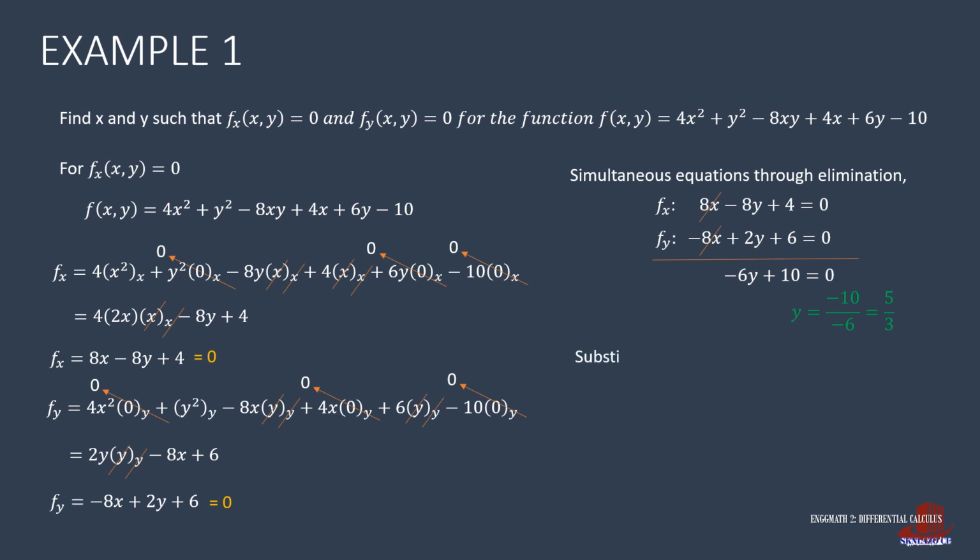Knowing the value of y, we substitute this into equation 1, making 8x minus 8 times 5 all over 3 plus 4, and this is also equated to 0. 8x is then 28 over 3, so x is computed as 28 over 24, or that is 7/6.